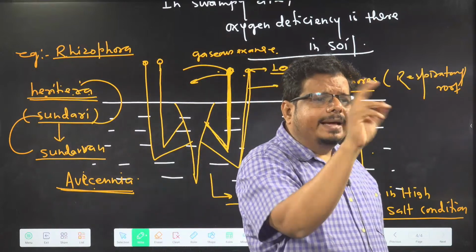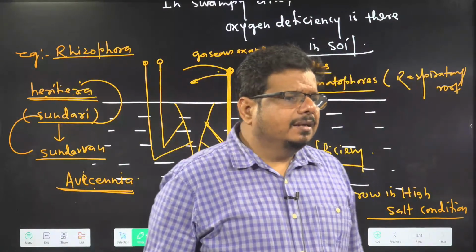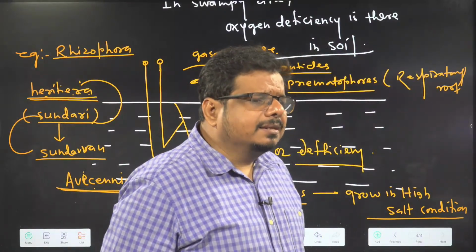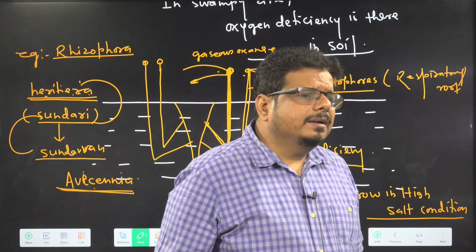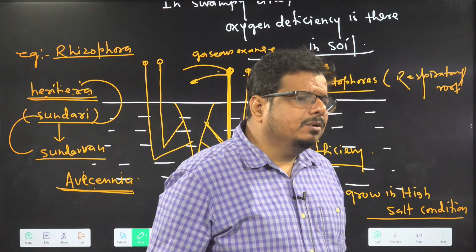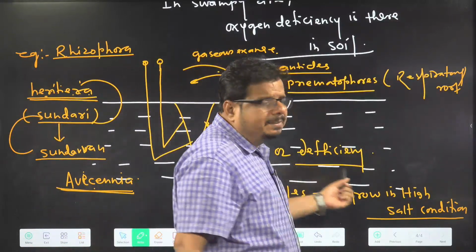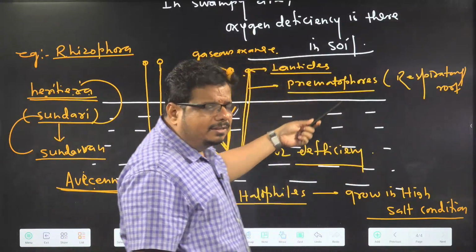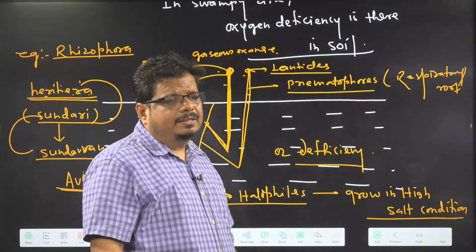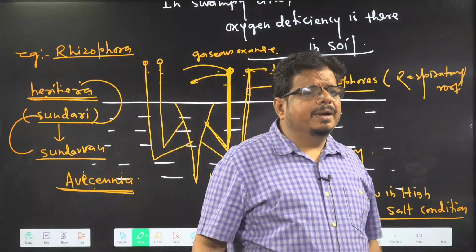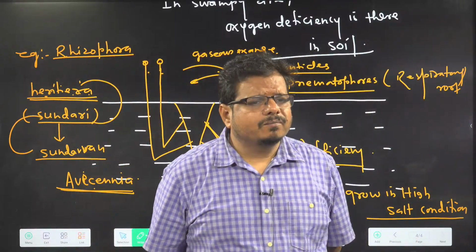So they do gaseous exchange from the air, and the plants survive in that marshy area. Otherwise, the water in the marshy area doesn't have sufficient oxygen for respiration of the root, and if it is not there, the plant will die. So when you go to the Hamsaladevi area, you will find such roots on the bank of the Krishna river and on the bank of the ocean, in large amounts.